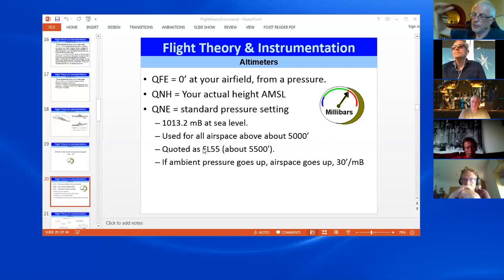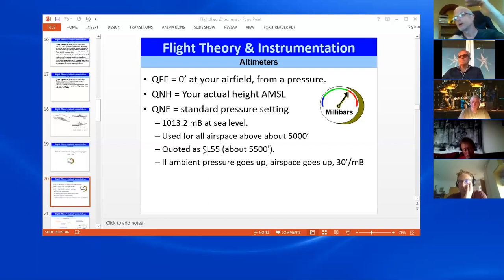So you do have to be careful when you approach airspace, because you're almost certainly working on actual height. You're going, well, my actual height is 5,000 feet, I'm not at 5.5, but the plane isn't working on actual height; it's working on QNE.